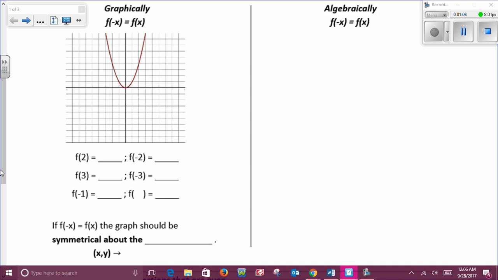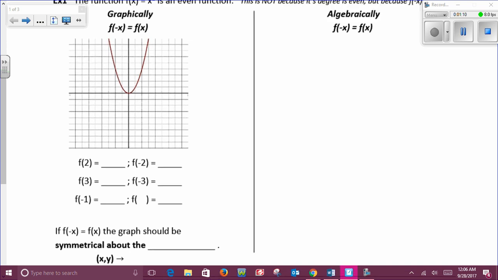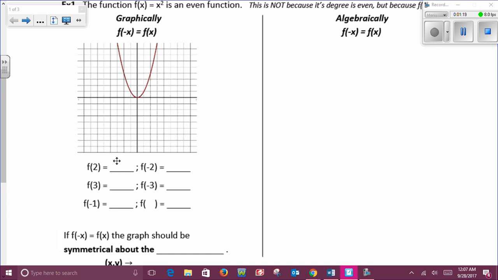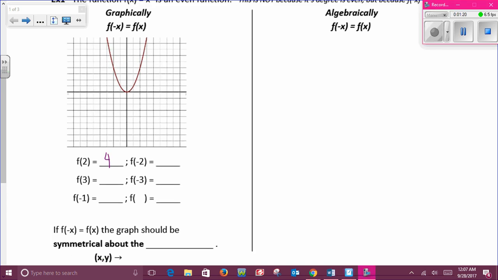If I look at my graph and I find f of 2, my value will be 4. If I look at f of negative 2 on the graph, there's negative 2, and then up here is 4.